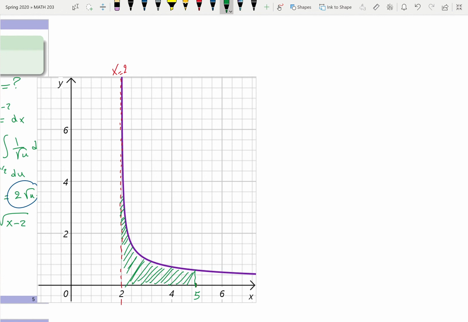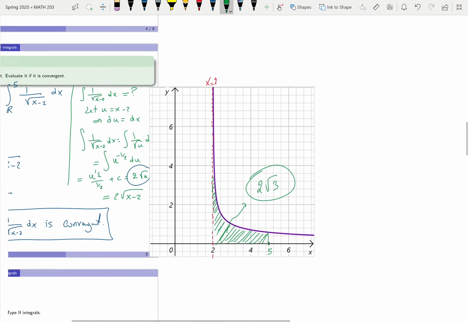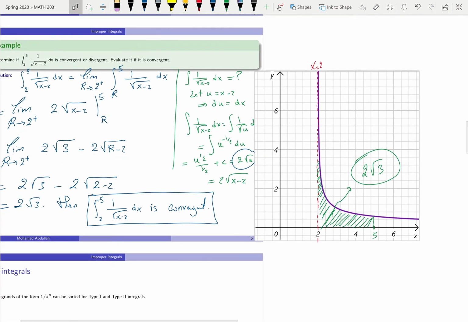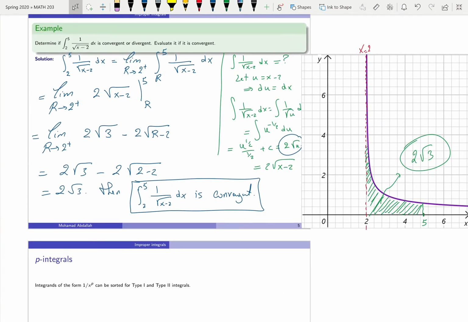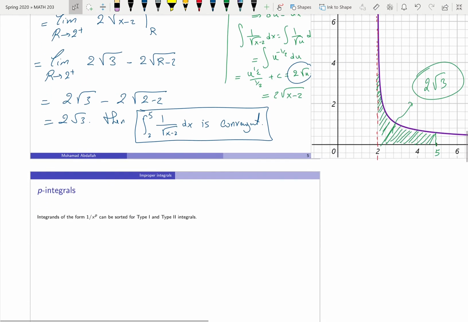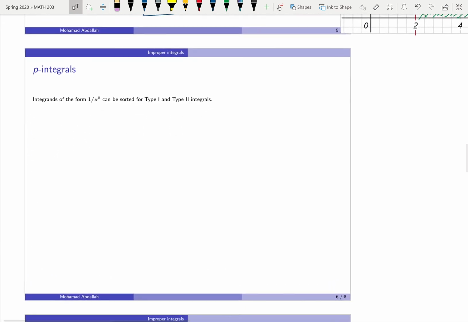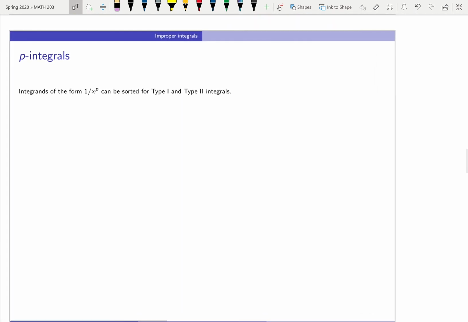Even though it's unbounded, well, this area actually is 2 radical 3. Although the region is unbounded, the area is finite. Okay, this is something really nice here. Now we're going to take a look at p integrals.